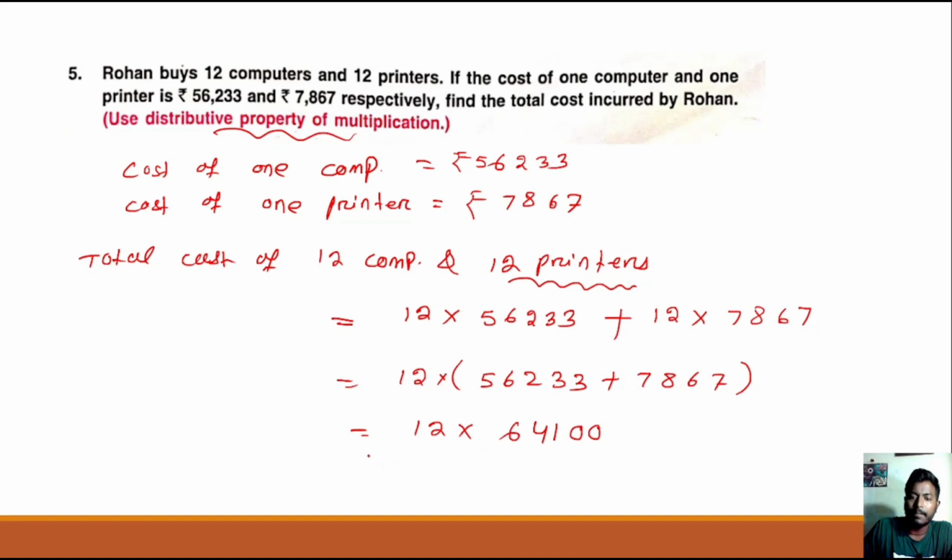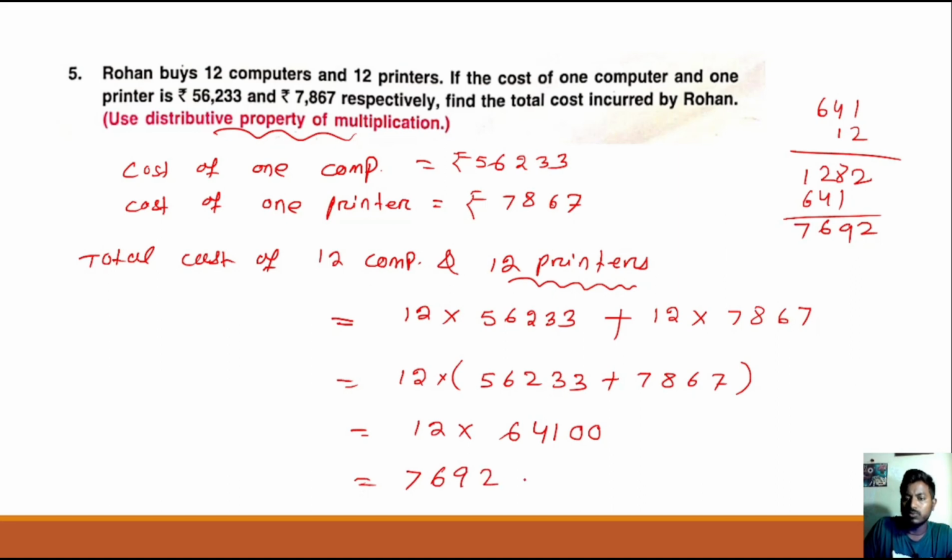Now multiply 6 4 1 into 12, 2 8 12, 641 2 9 6 7, that is 769200, 7,69,200.